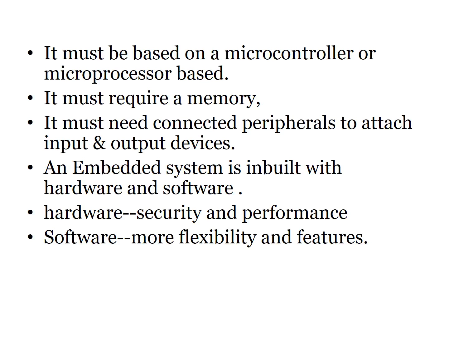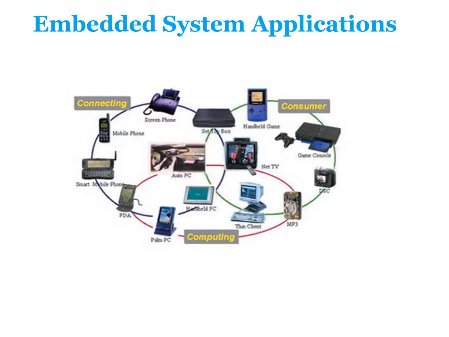Now we'll see the applications of embedded system. In front of you there is an image which shows various connecting devices like screen phones, set-top box, handheld PC, PDA, smart mobile phones. These are the connectivity devices in which embedded systems are used.